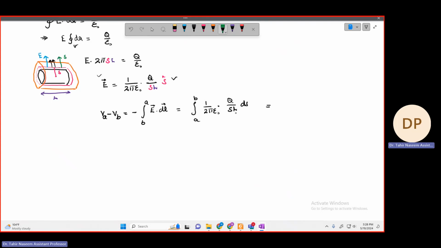And the length is not changing, which means the length is constant. So s is changing. So that's why I have replaced dl with ds. So we are integrating basically from here in this direction, the radial direction. So then I can take the constants out, q over 2 pi epsilon l, integration from a to b of 1 over s ds. Alright.